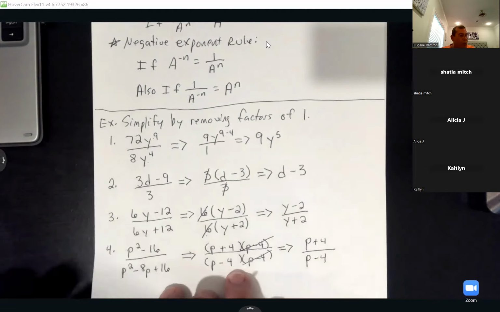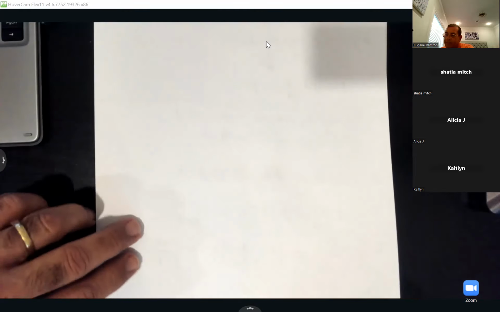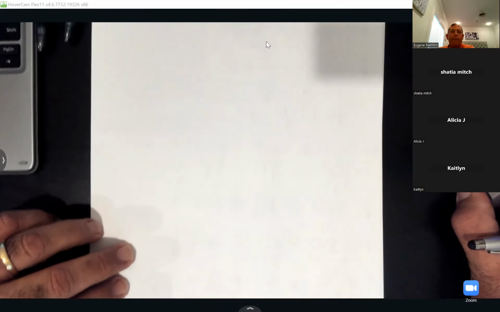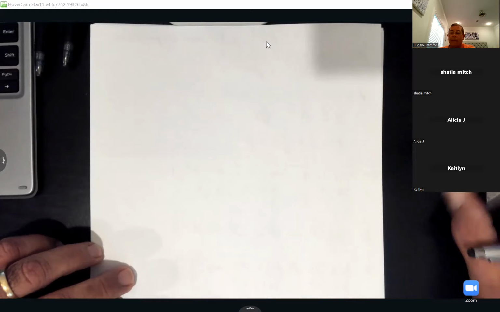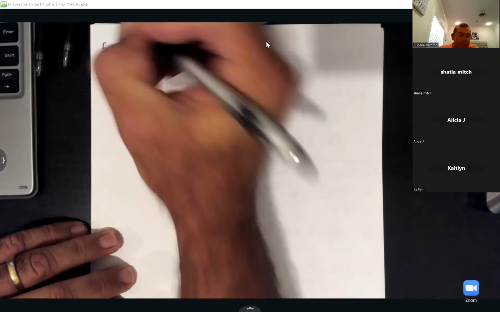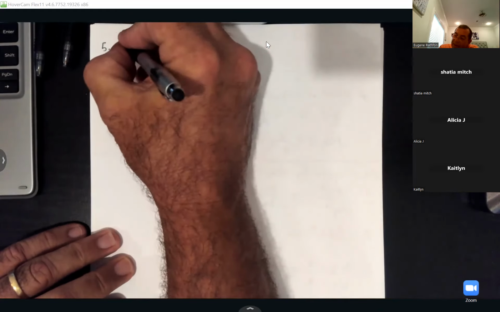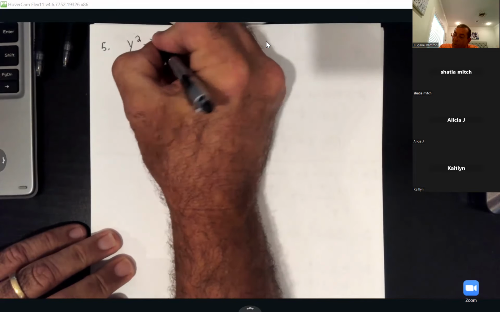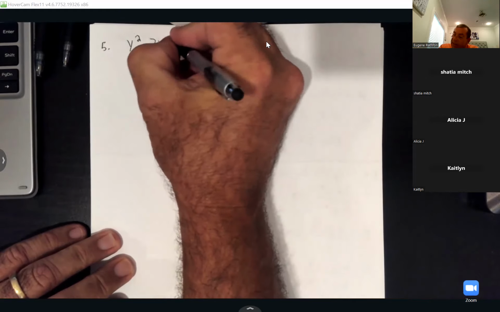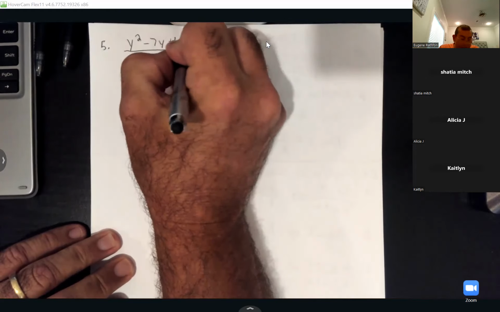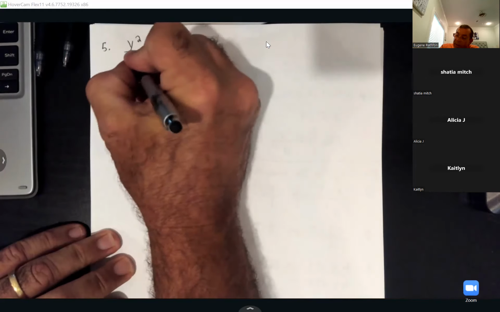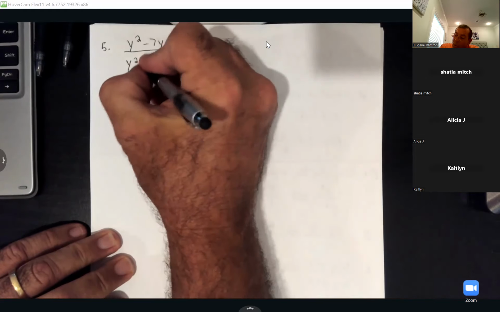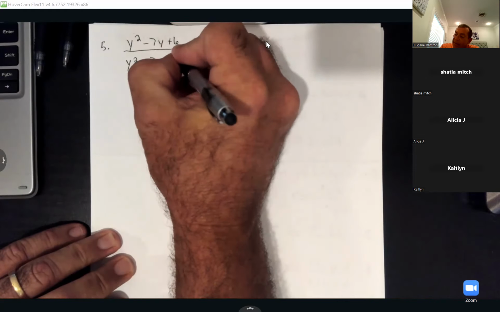Y'all, let me do one more of those and then we'll do some multiplying. So 5, I got a y squared minus 7y plus 6 over y squared plus 7y minus 8.